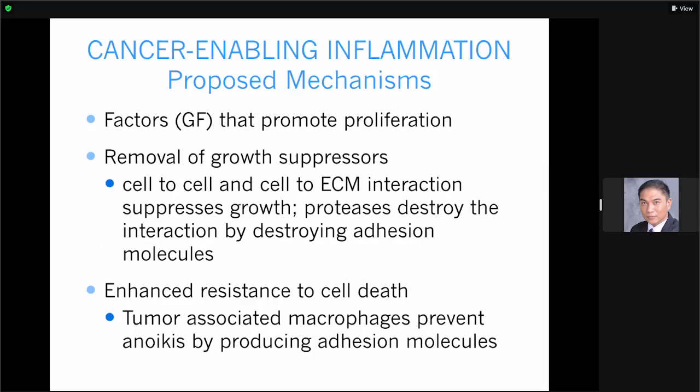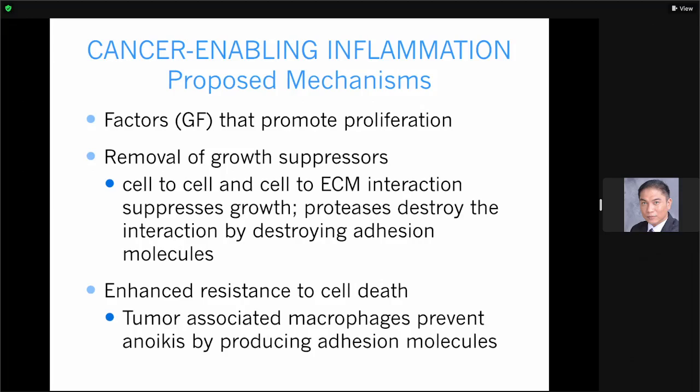Now, inflammation is said to be cancer enabling. Paano nasabi na inflammation is cancer enabling at nagpo-promote siya ng cancer development? Because remember, in inflammation, there will be tissue damage.